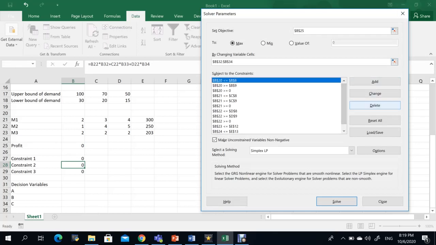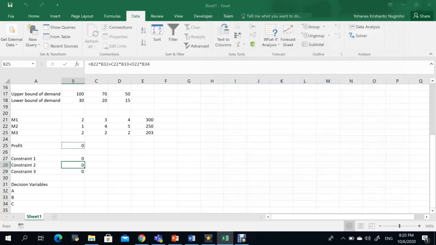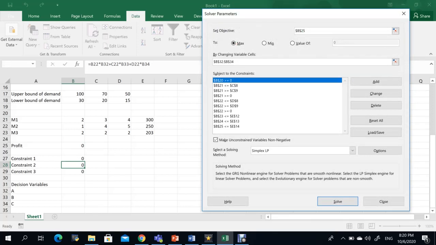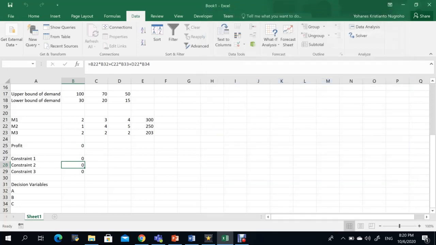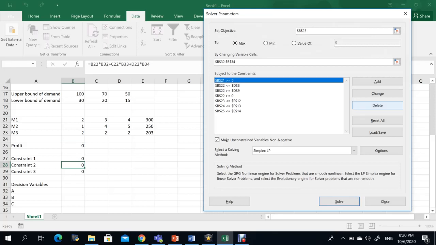Okay, we have to delete one by one, it comes from the previous model.